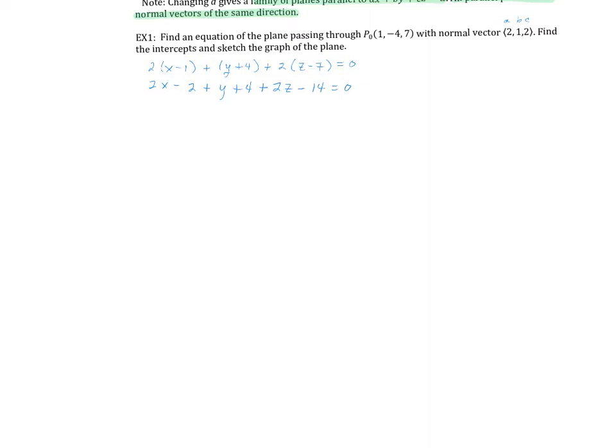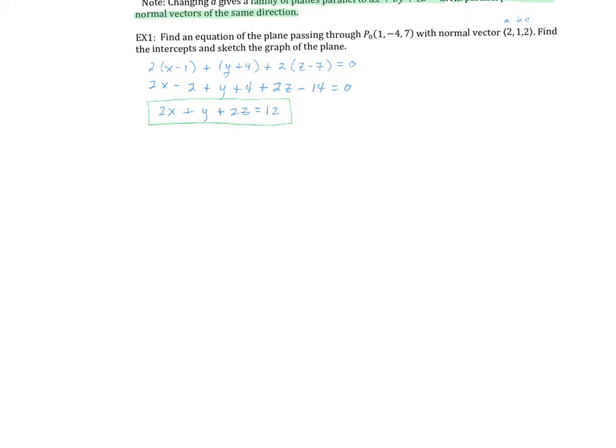So moving all the constants to the right-hand side of the equal sign, our equation is simply 2x plus y plus 2z equal to 12. So this is the equation of our plane in space.